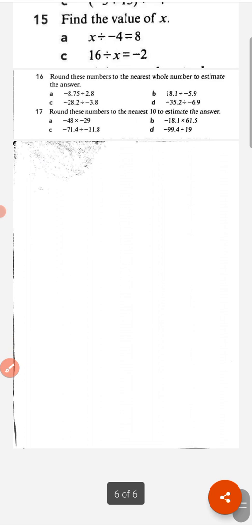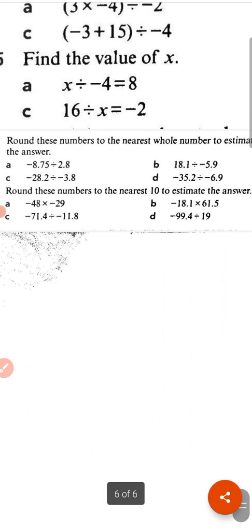Our next question is, round these numbers to the nearest whole number to estimate the answer. Nearest whole number. Decimal numbers are given, children.